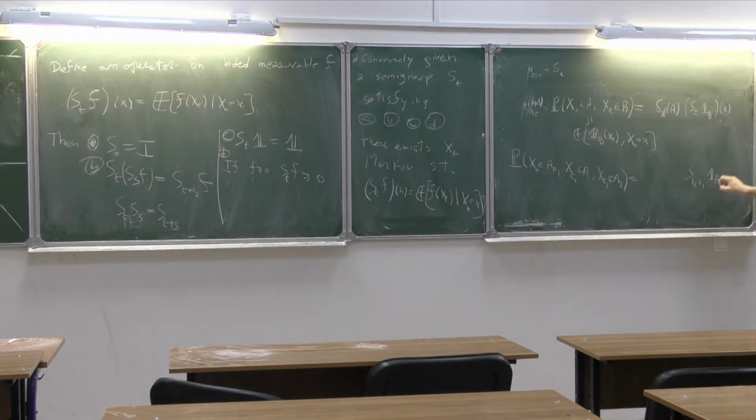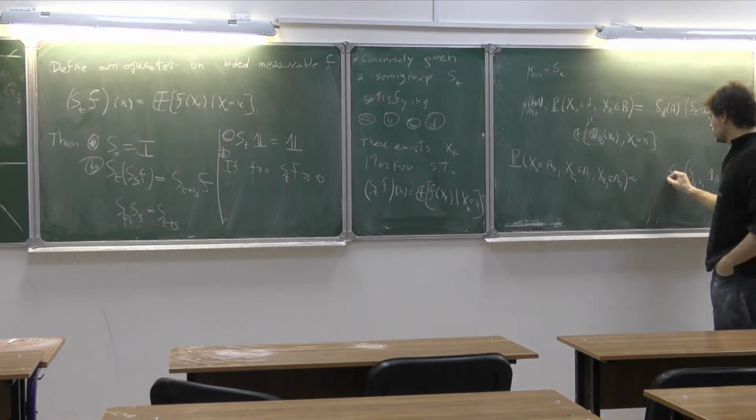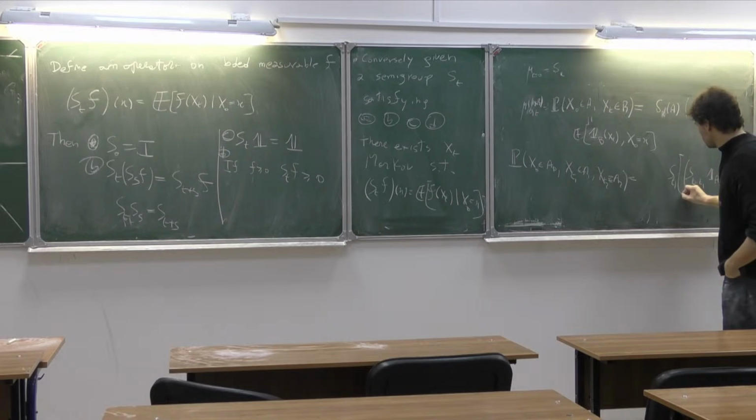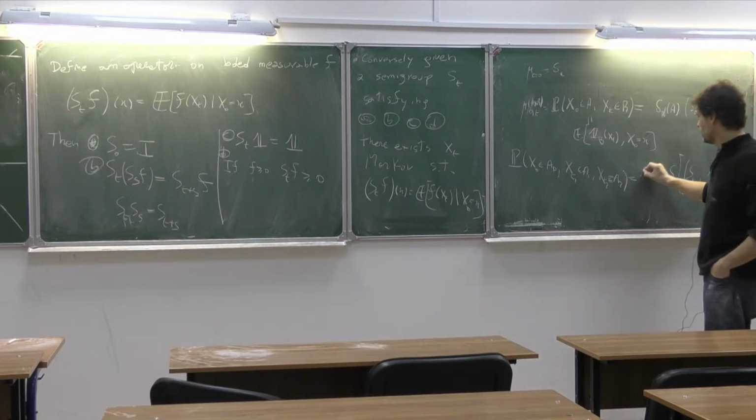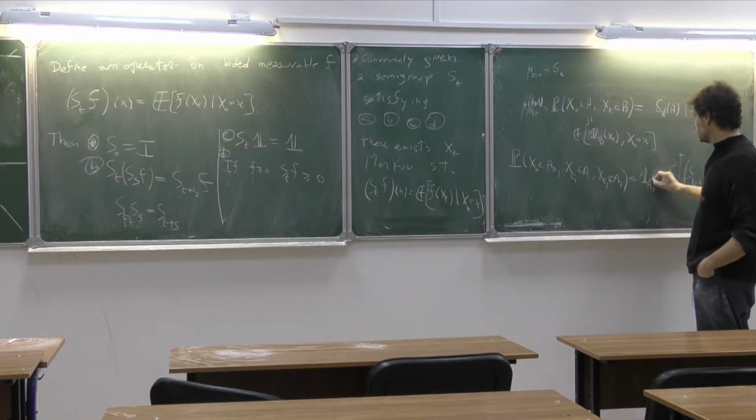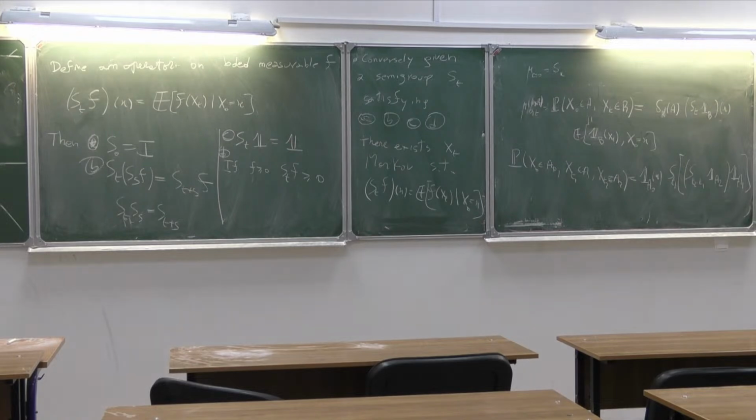This is a function. I apply to it S_(t1 minus 0) applied to 1_A1, and then the indicator function of A0 at X. Then if you want to do all the fundamental distributions, you iterate this in a very long formula.